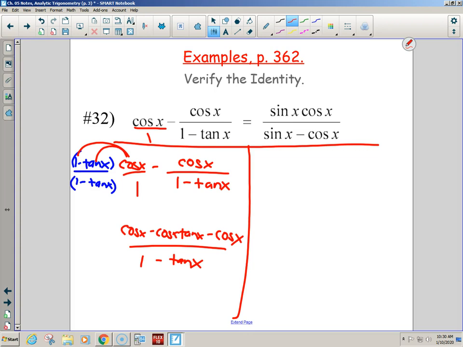This one's just cosine. Well, on the denominator, I'm hoping it's going to go away. So, numerator. And your numerator is stuck by PEMDAS also.